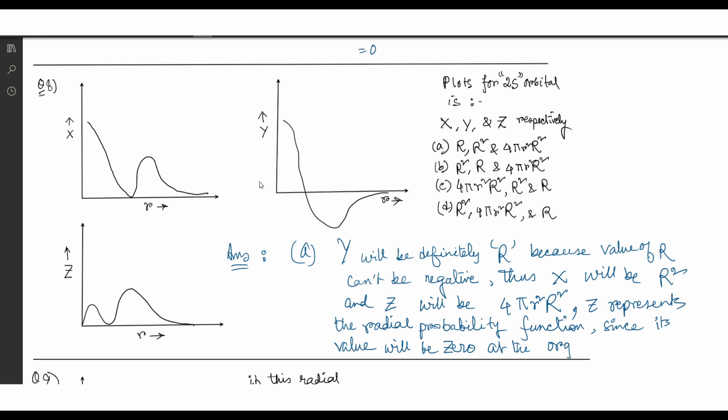Okay, at the origin. So here is the answer A, right?